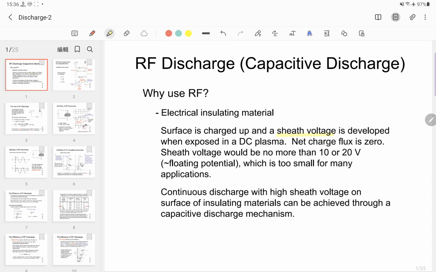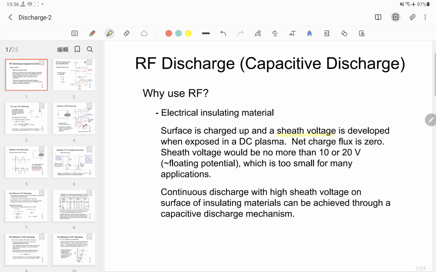But later on, after the plasma is generated, the plasma will extinguish in a very short time.